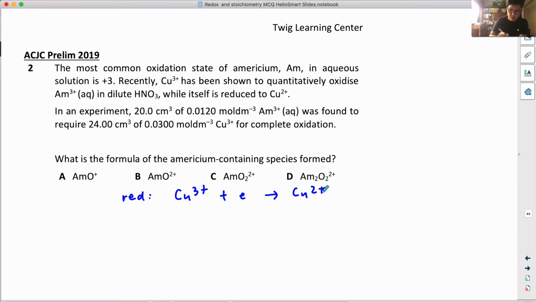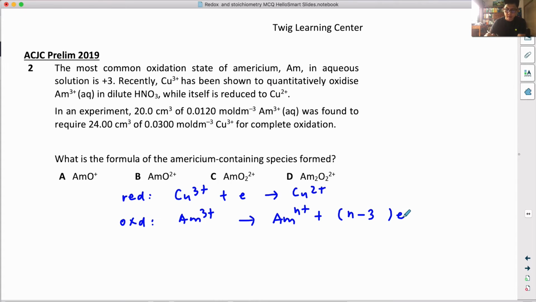For oxidation, Am3+ has been oxidized. We don't know the new oxidation number, so I'm going to let it be N+. So the number of electrons given away is N-3.